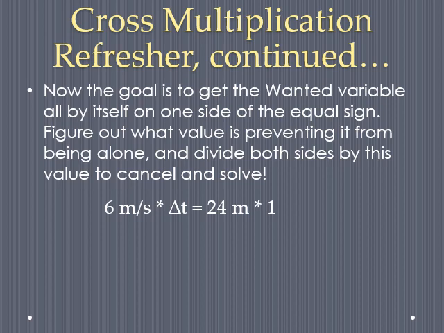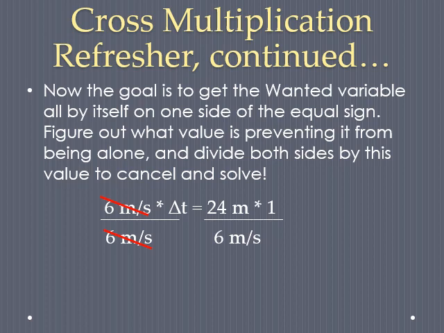We look at the equation, we try to figure out what is keeping the delta t from being all alone, and in this case it's that 6 meters per second that's on the same side as delta t, so we've got to get rid of that 6 meters per second before delta t can be all alone. And in this case what we're going to be doing is dividing both sides by 6 meters per second, because that allows me to cancel out the 6 meters per second that's on the same side as the delta t, leaving delta t all by itself.